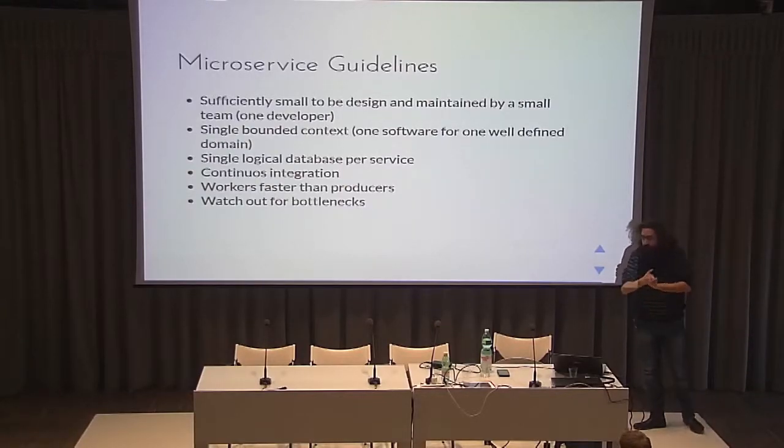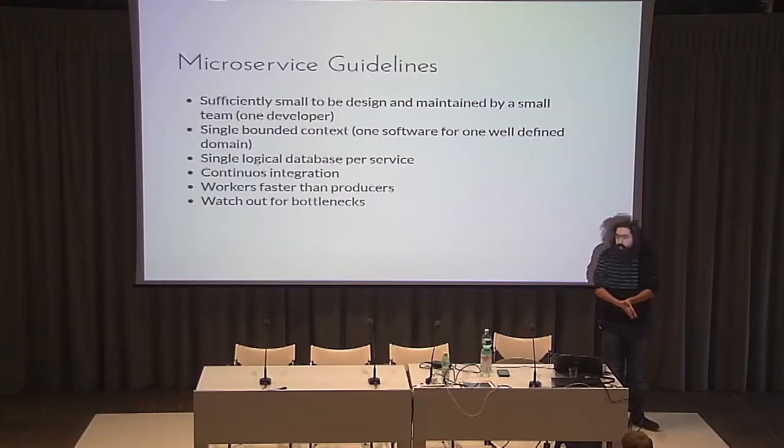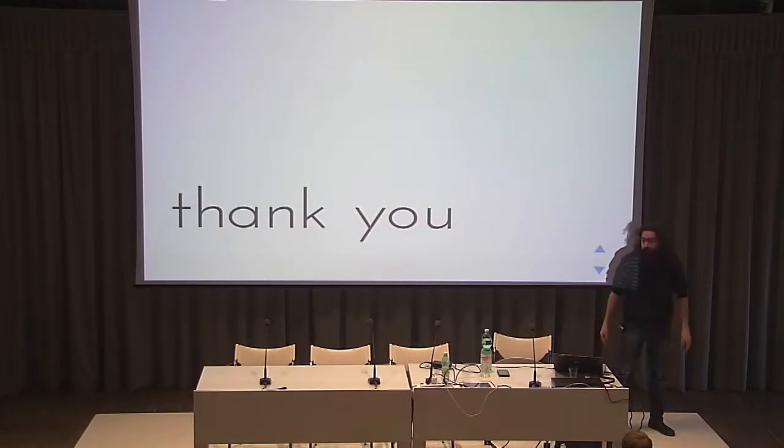Continuous integration would be very nice. And be careful about the speed of your workers and the speed of your producers, and watch out for bottlenecks, of course. Thank you.